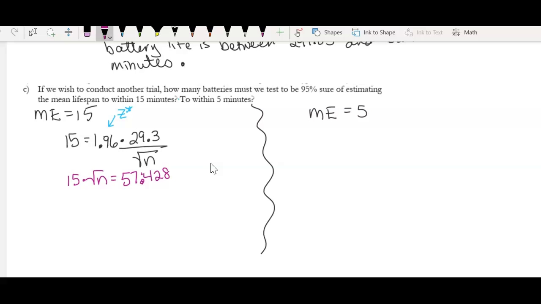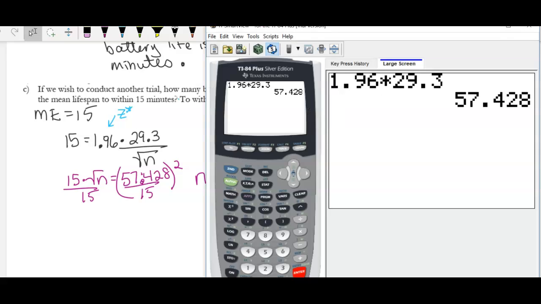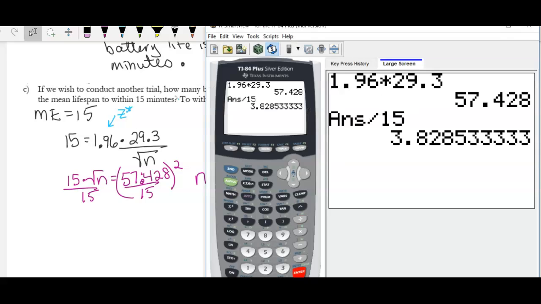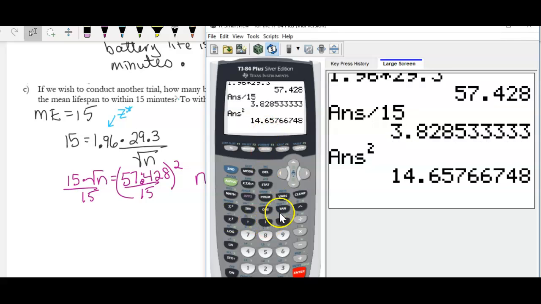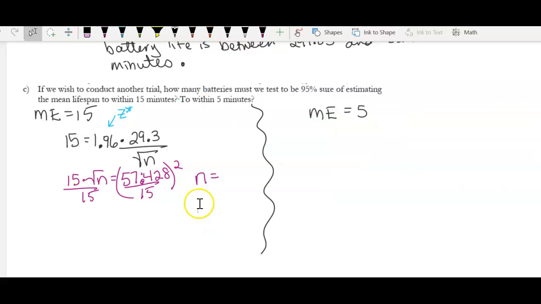And then you're going to divide by 15 and square it. This is the only one I'm going to show all the work on. So divide by 15 and square it. And so that gives me approximately 15. So instead of an equal sign, let's make it approximately 15.